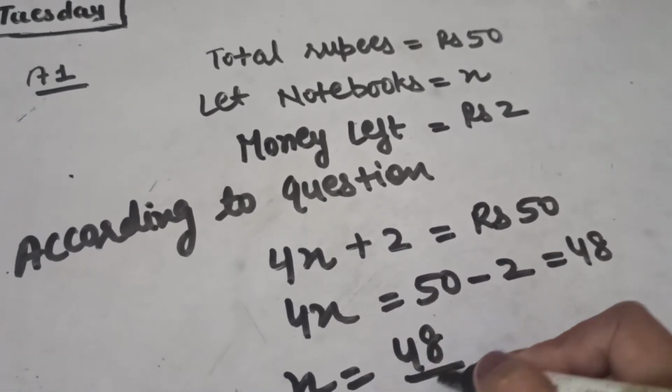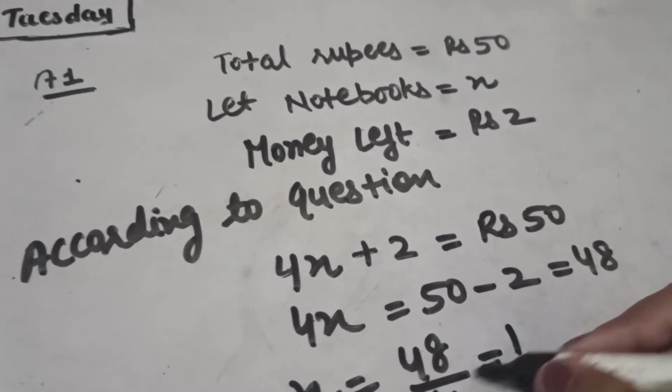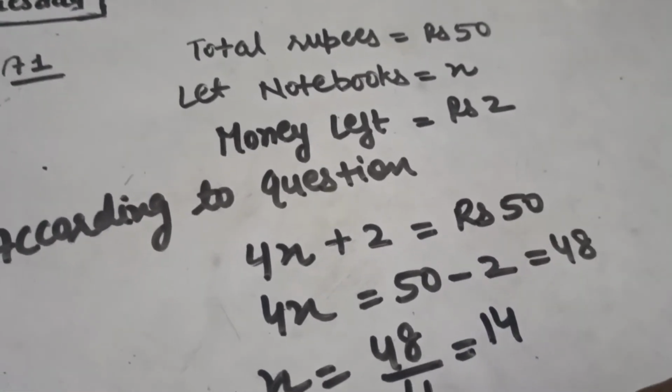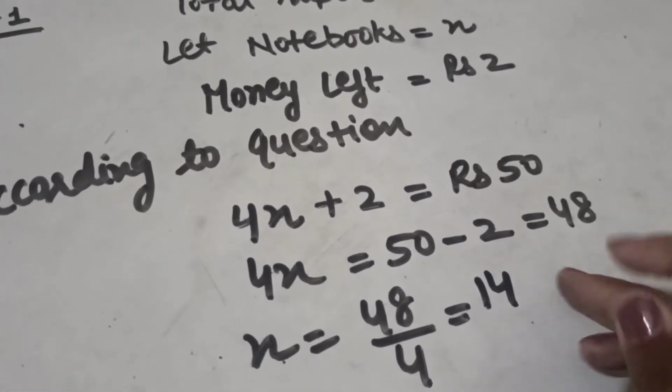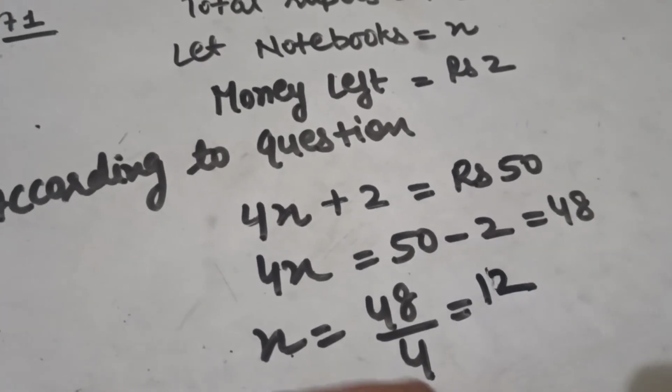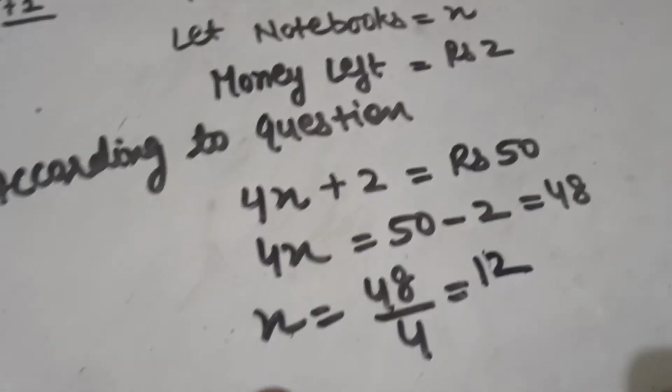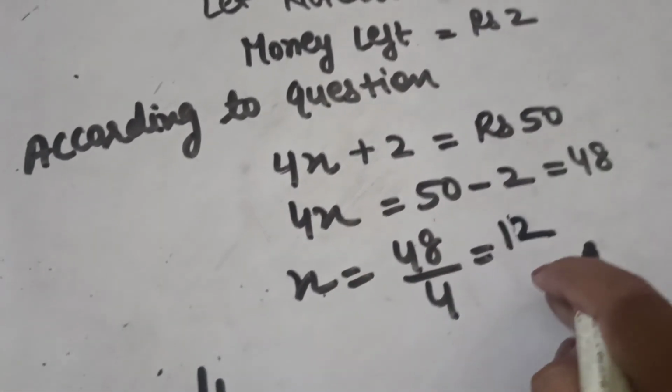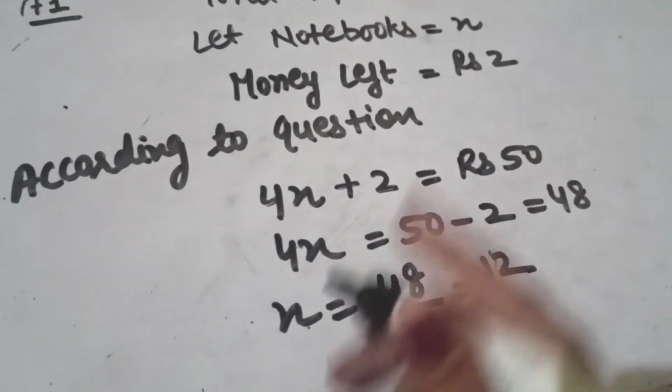48 divided by 4. When you divide 48 by 4, here will come 12. सो x की वैल्यू ₹12 and x is notebooks.